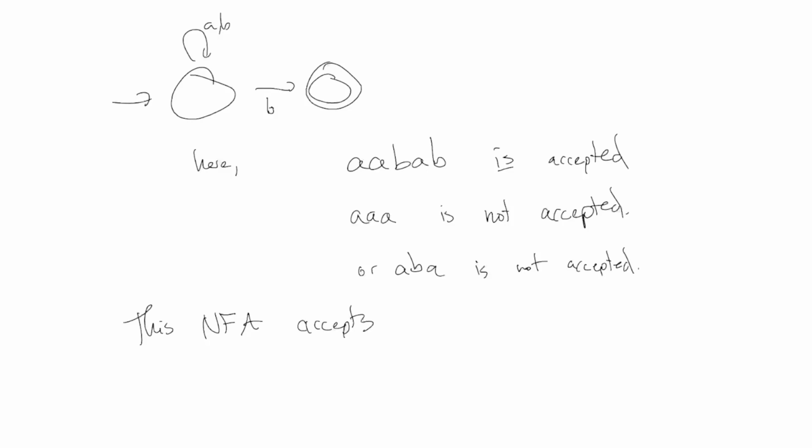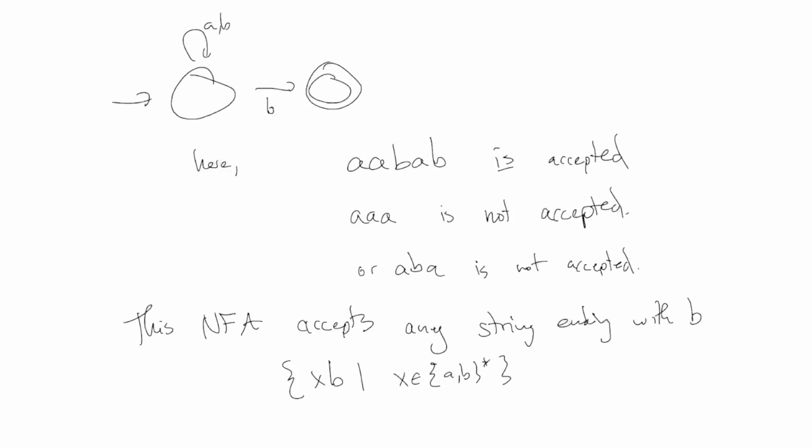Yeah? XB. Yeah, I like that. I was going to say in words, any string ending with B. Right? If you wanted to write it as a set, this is the way I would write it. XB, where X is in {A,B} star. Yeah, great. Any string ending with B.